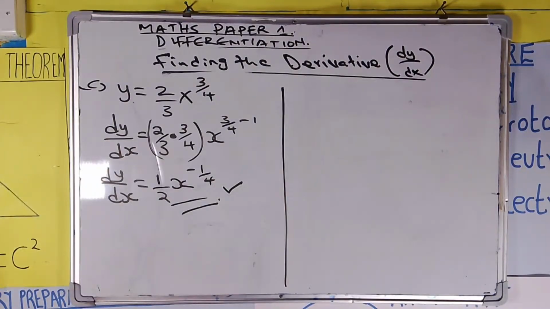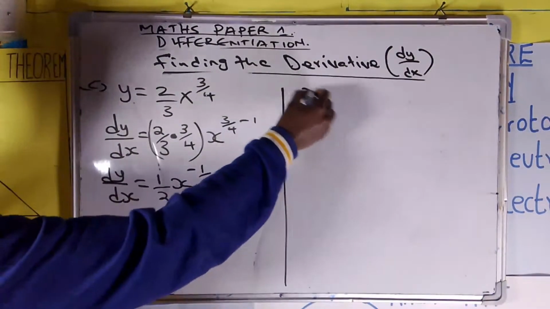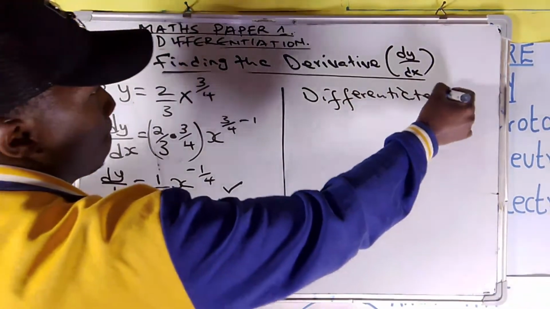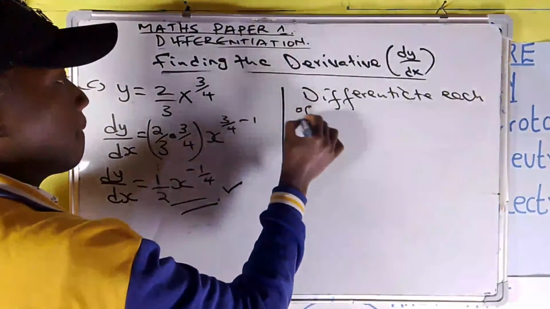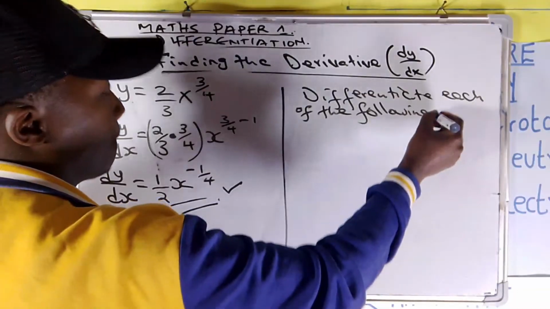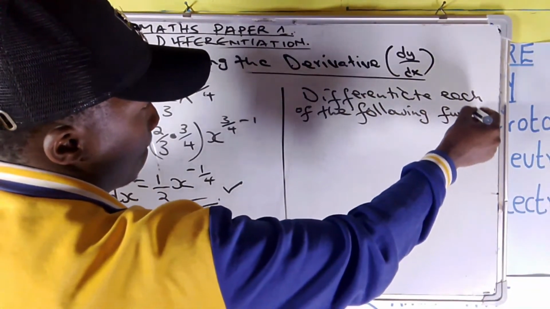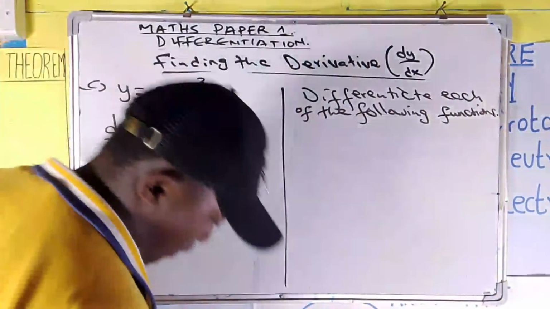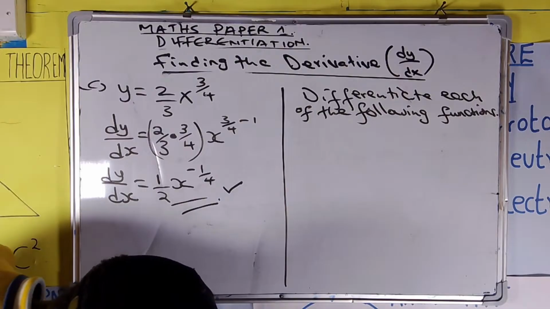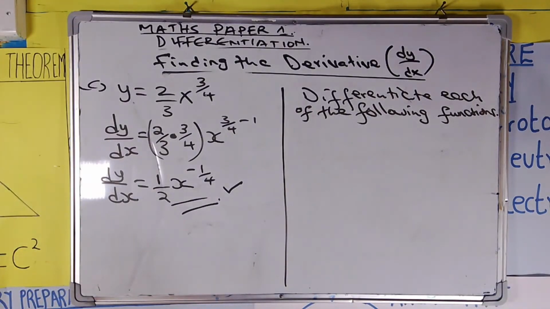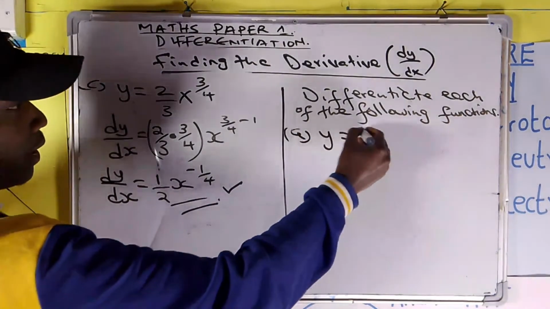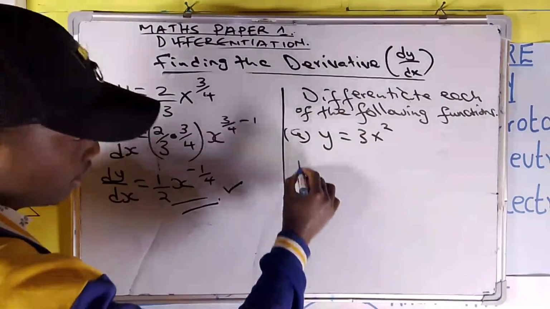Differentiate each of the following functions. A, y is equal to 3x squared.